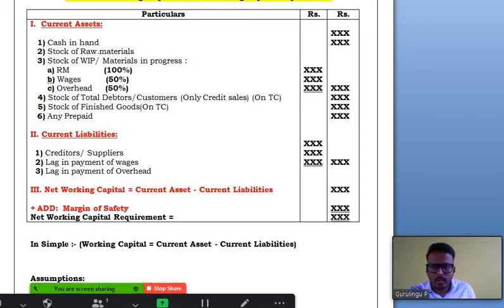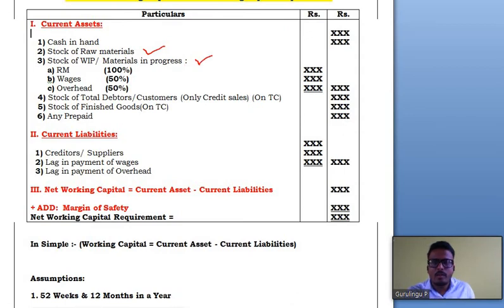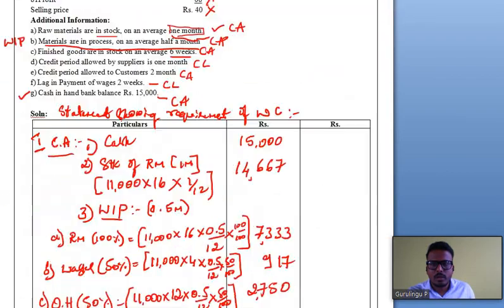The fourth item will be calculation of stock of finished goods. I am writing in short form. In the adjustment, how many months have they given? See adjustment C in the question.